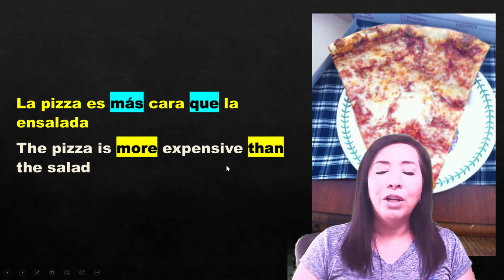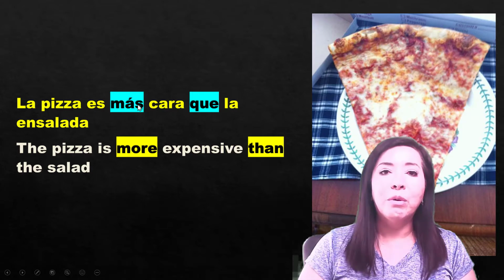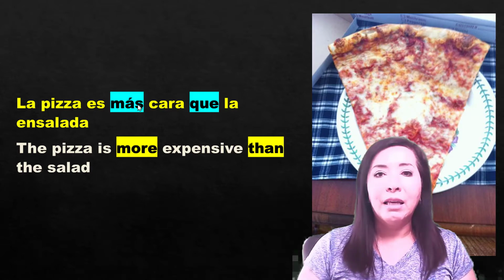So let me give you another example to make it a little bit more evident here. The pizza is more expensive than the salad. I highlighted for you some keywords. Más and then que. Más cara que. More expensive than. Okay, so those are the words that you need to remember: más que.